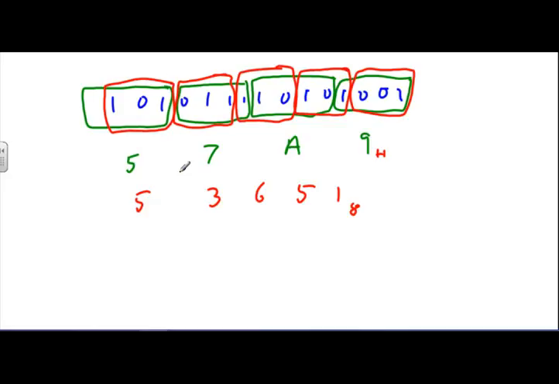So I put in 5, 7, second function A, 9, second function base type hex, second function base change to decimal, and in decimal I get 22,441 in base 10.